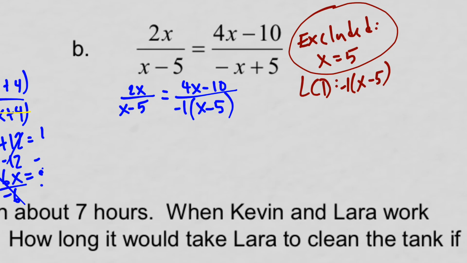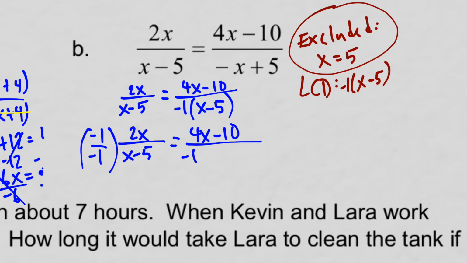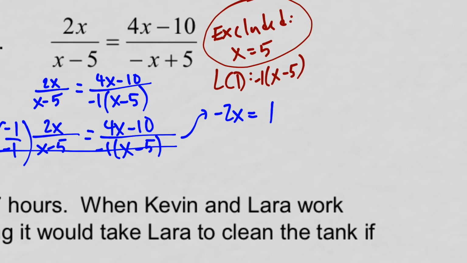So you want the first one, this one, to be multiplied by -1 over -1, and you want the other one to stay the same. Negative 1 times x minus 5. Now these cancel because they're exactly the same. So I'm going to continue here. Negative 1 times 2x is negative 2x equals 4x minus 10.